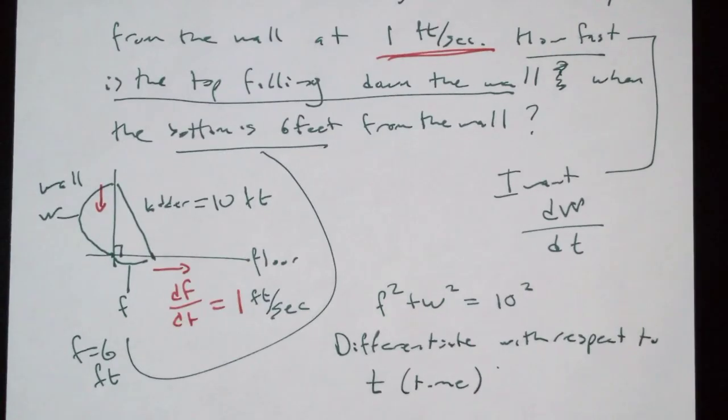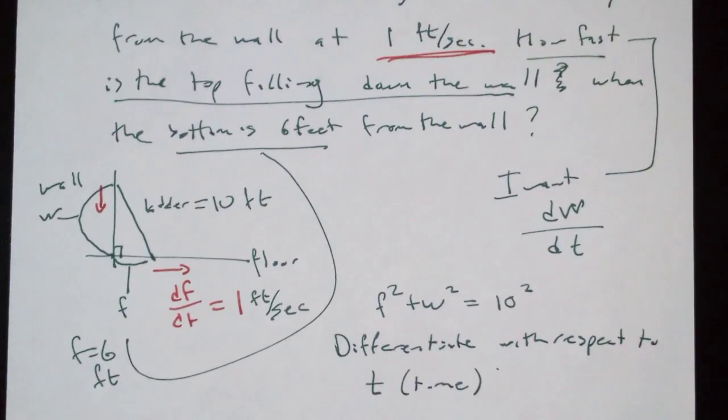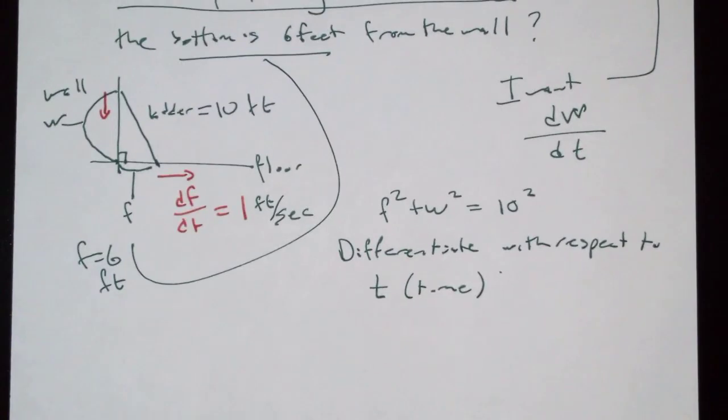If I do that, what happens on the right-hand side? Right-hand side's a number. What's the derivative of a number? Zero.